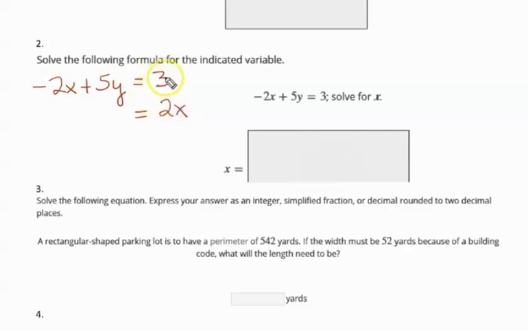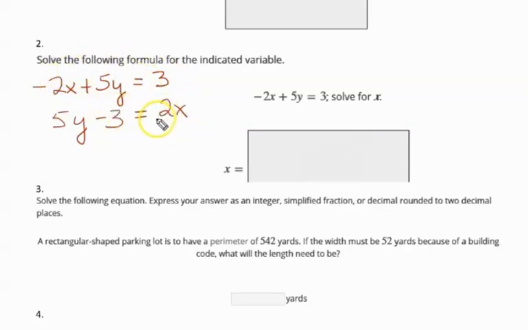And you want to get rid of the 3 that's on this side. So on this side, it would become a negative 3. And there's your 5y. So all I did is transpose the negative 2x and then the 3.